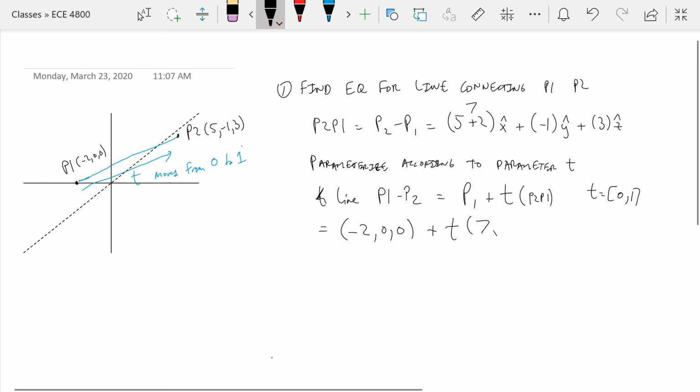So 7 x hat minus y hat plus 3 z hat. A more compact way to say this is negative 2, 0, 0 plus t times 7, negative 1, 3. So what we did here, in a relatively straightforward way, is parameterize this line.